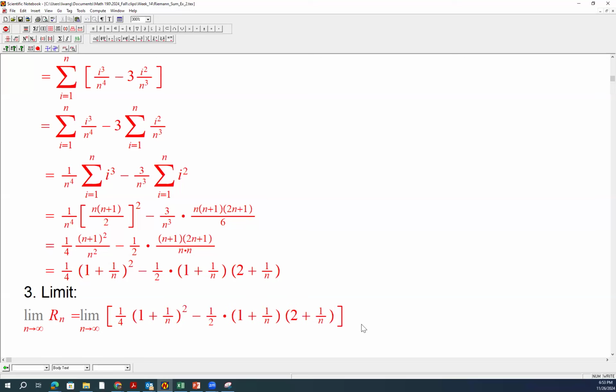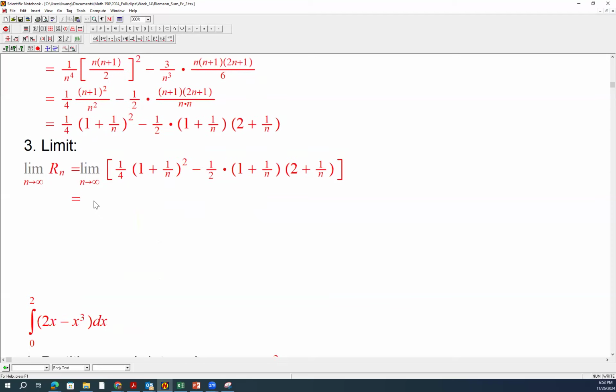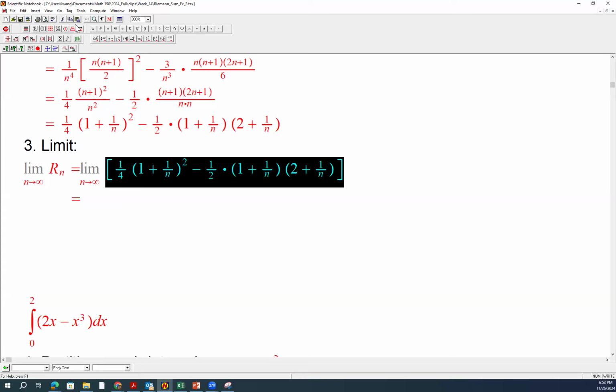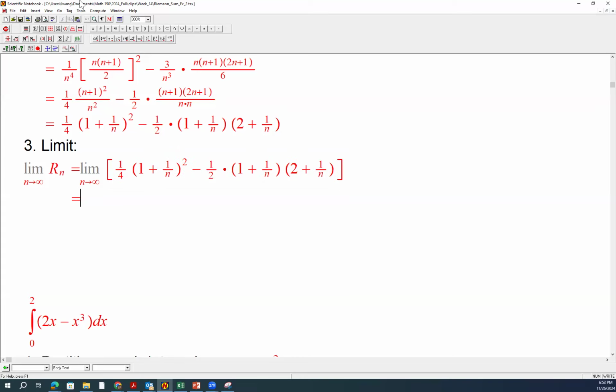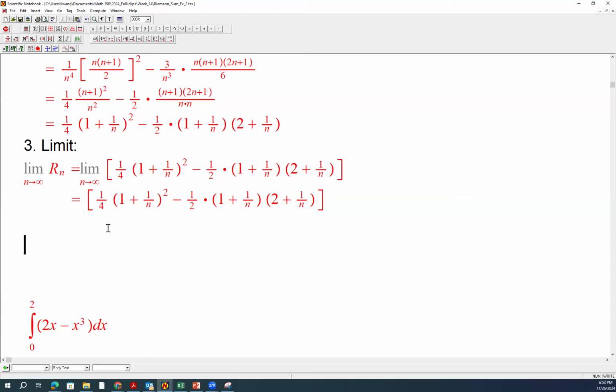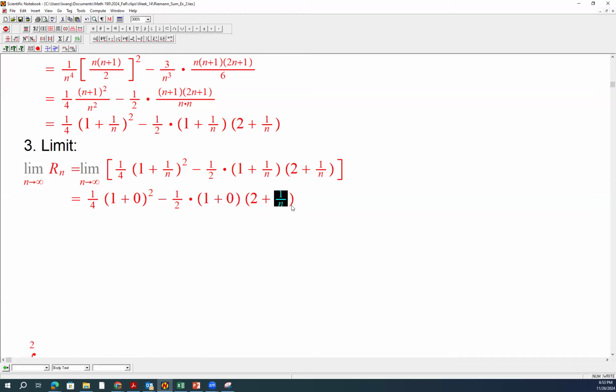As n approaches infinity, we can apply limit laws because each piece has n and the limit exists. So on this piece, the limit as n approaches infinity is 0, 0, 0.